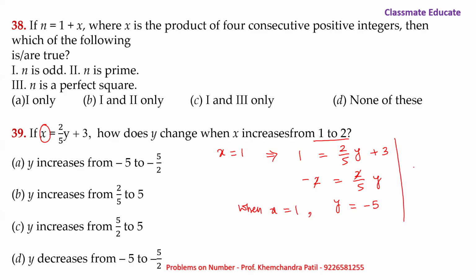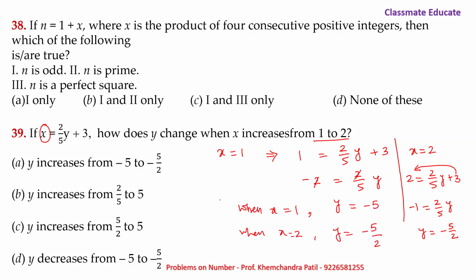Now use x equal to 2 here. What will happen? 2 is equal to 2 by 5y plus 3. Now 3 will come here with the minus sign. So 2 minus 3 is minus 1, equal to 2 by 5y. So y will be equal to minus 5 by 2. So when x is equal to 2, y is equal to minus 5 by 2.